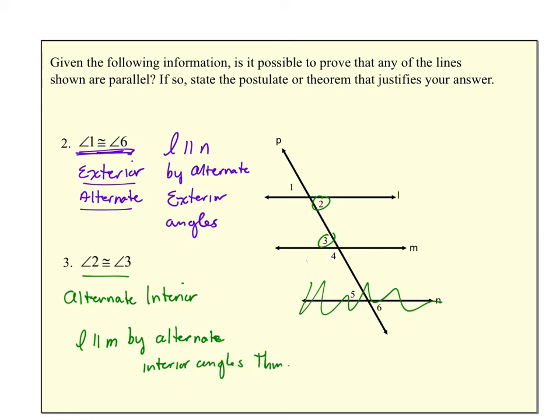THM is just shorthand for theorem. So alternate interior angles theorem, or the converse if you want to be very picky about it, which I encourage you to be. So those are going to be my justifications, my reasoning as to why those lines are going to be parallel.